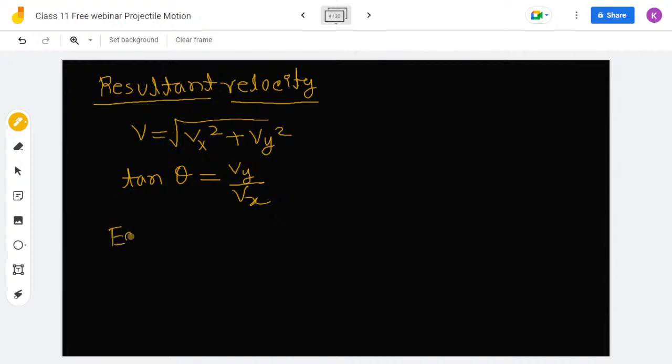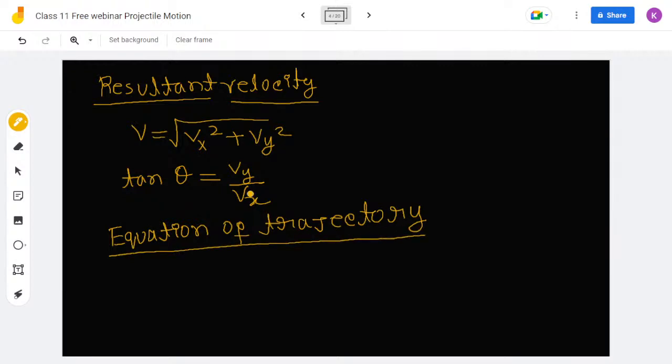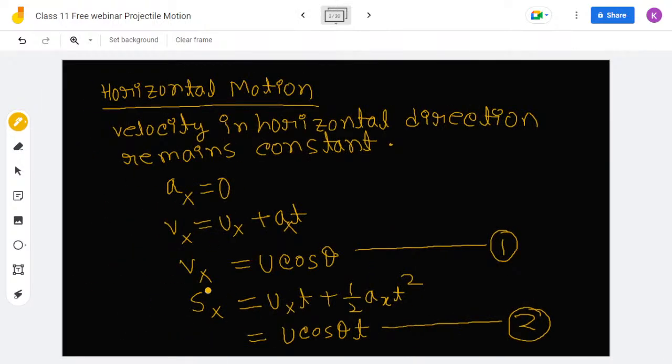Again, if we try to find out the equation of trajectory for the projectile motion, we have to go to equation number 2. So from equation number 2 we can see that s suffix x equal to u cos theta multiplied by t.